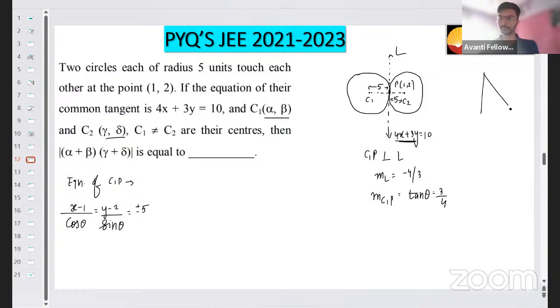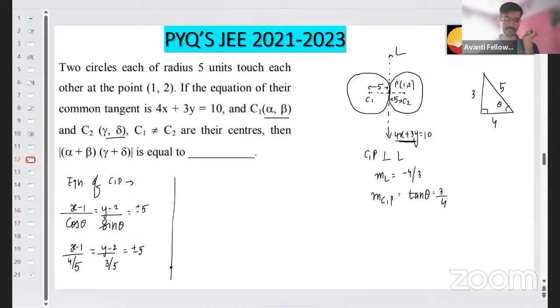So again, let's make a right angle triangle. This is theta. 3, 4, this will be 5. So what will be cos theta, guys? It will be (x minus 1) upon 4 by 5, so both will be positive, is equals to (y minus 2) upon 3 by 5 is equals to plus or minus 5.